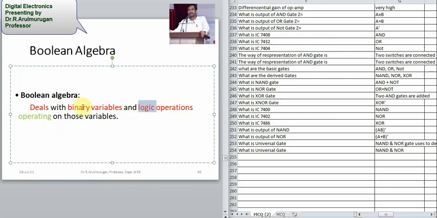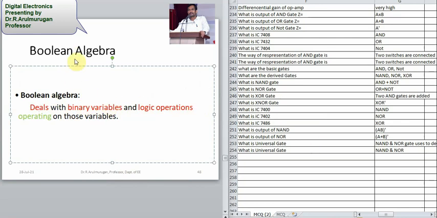Binary variables and logic operations are called Boolean algebra.